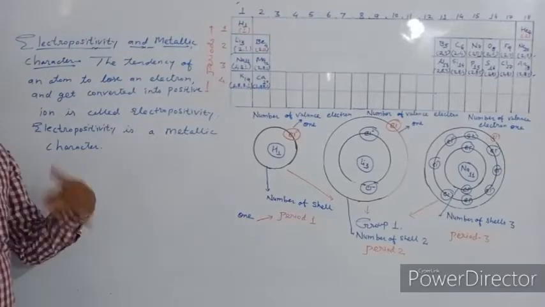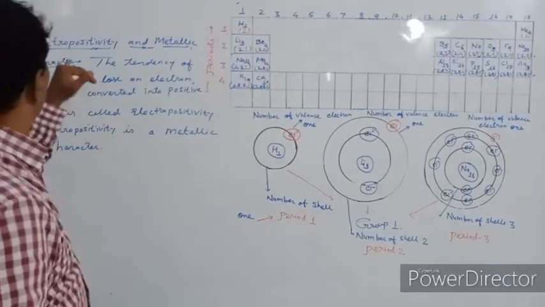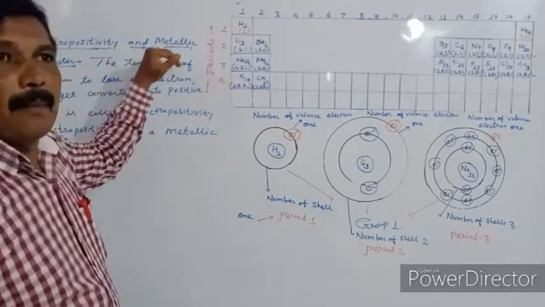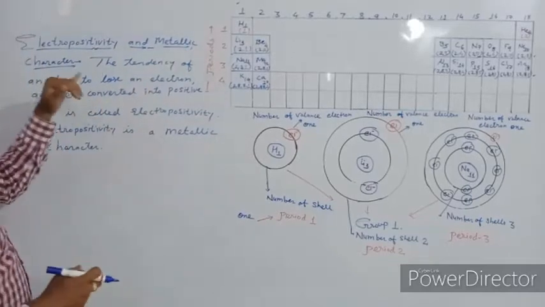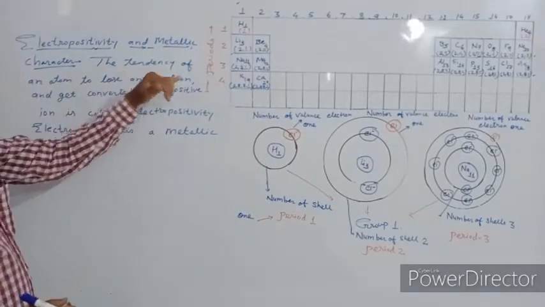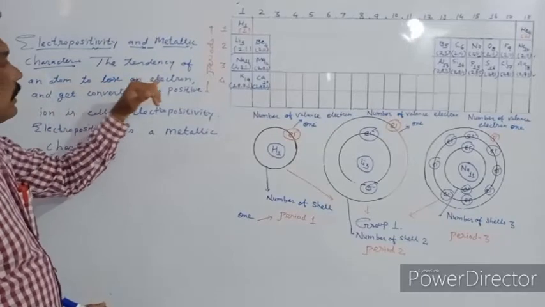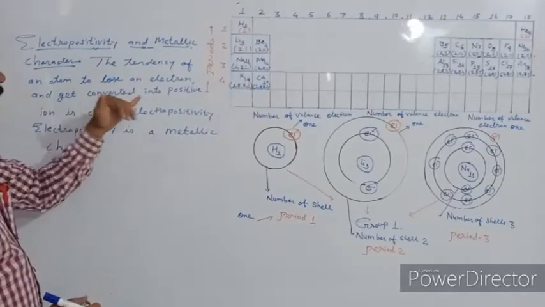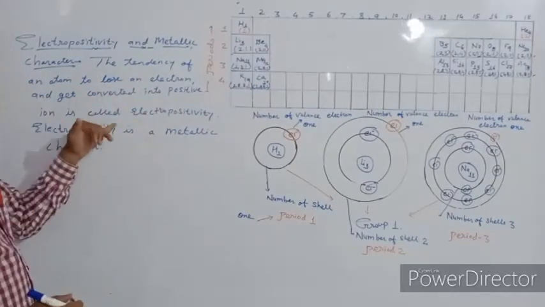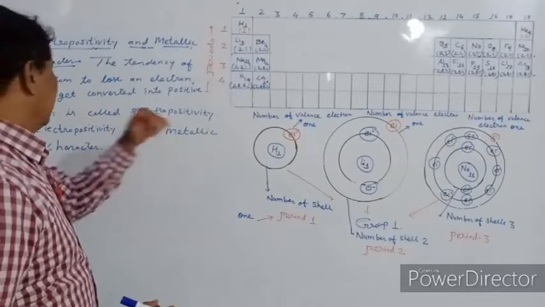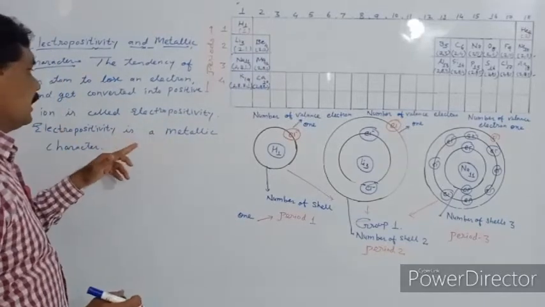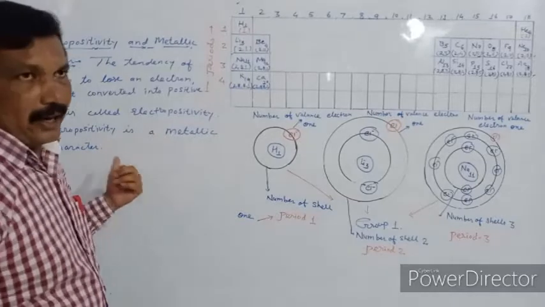The tendency of an atom to lose an electron and get converted into a positive ion is called electropositivity. Electropositivity is a metallic character.